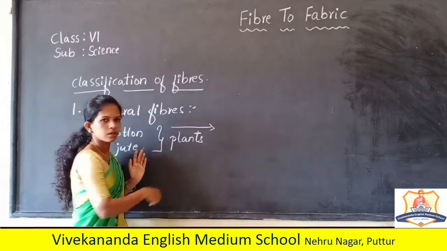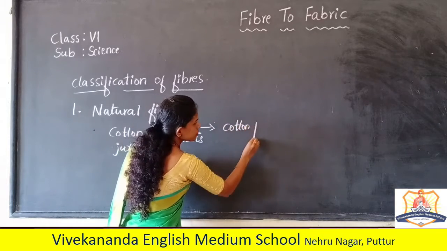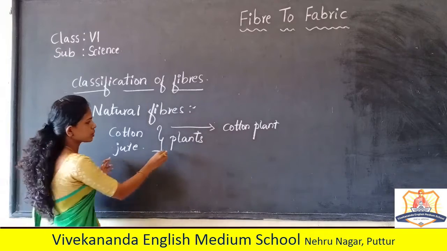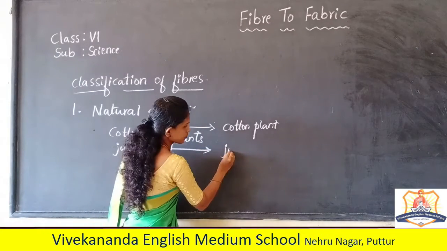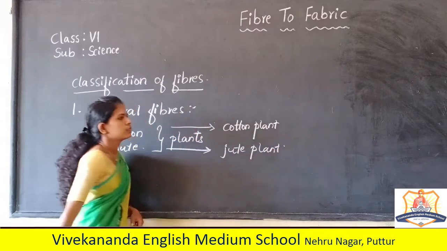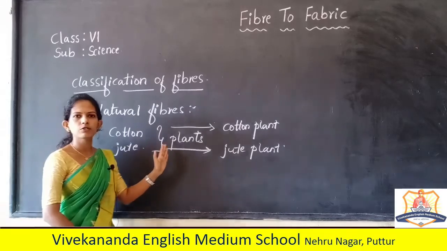Cotton is obtained from the cotton plant and jute is obtained from the jute plant. So, these are two fibers obtained from plants.